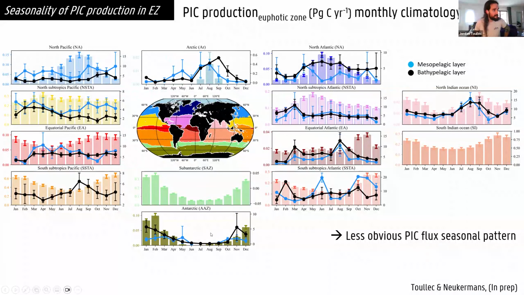We observe the reverse pattern for Antarctica, with a lower PIC flux during the Southern Hemisphere winter months. When we look at the others, we don't see regular patterns.